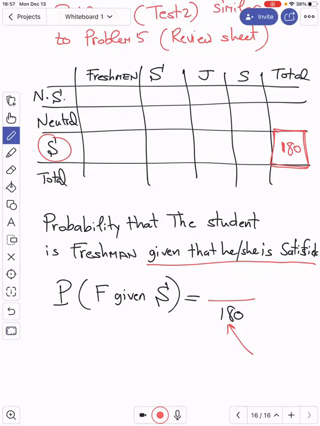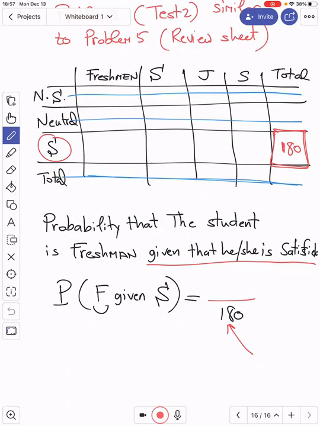Now, what's the probability that the student is freshman, given that he's satisfied? Because we know that the student is satisfied, we can just forget about all the other rows here. Now the question is, among the satisfied students, how many are freshmen?